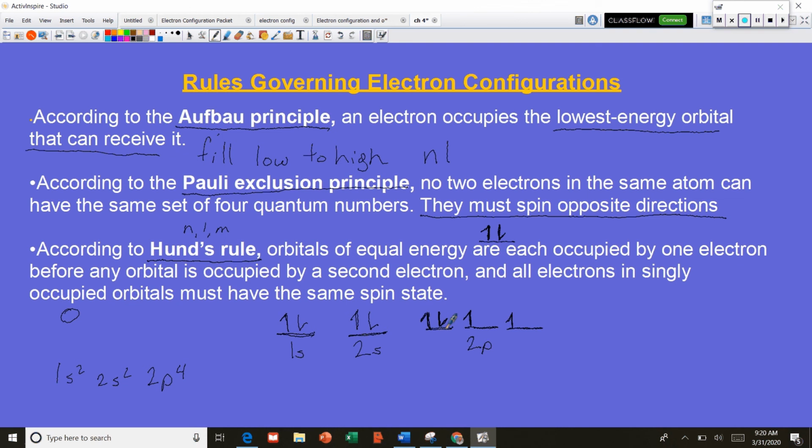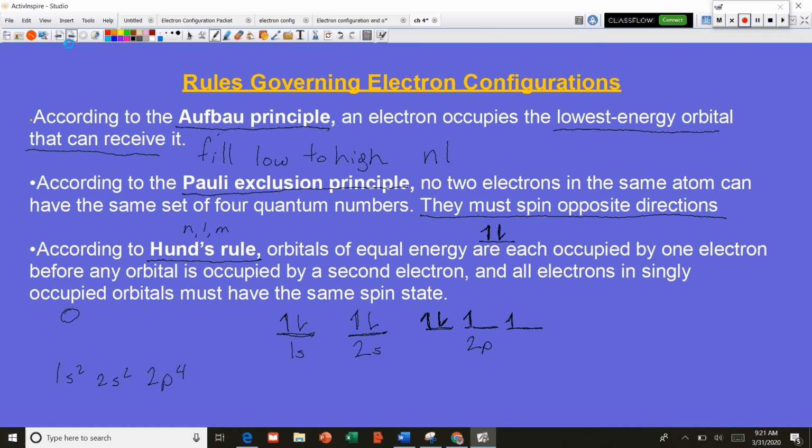So we fill up, up, up, then down. So basically another way to say Hund's rule is you fill your ups before you fill your downs. This really only applies when we're doing orbital notation, which is this one. And again, you're going to get some practice towards the end of this, and then we'll kind of move on.